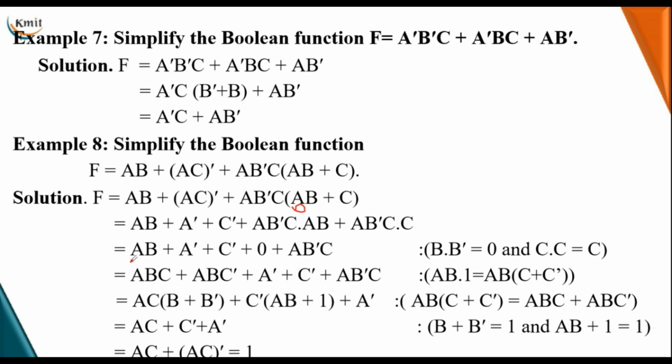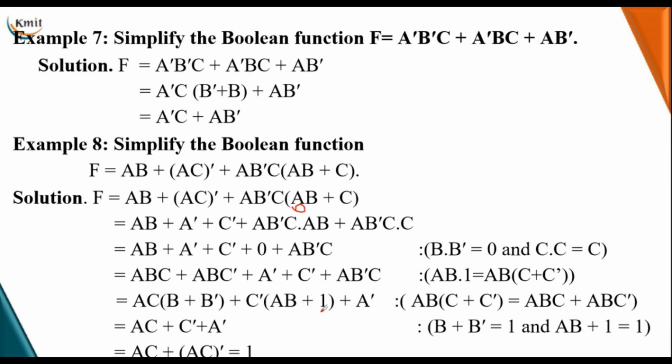Now upon having this, we have AB or of A bar C bar or of 0 or of AB bar C. So ABC or of AB C bar or of A bar C bar plus of AB bar C. Here AC is taken as common, B or of B bar, and C bar is taken as common.